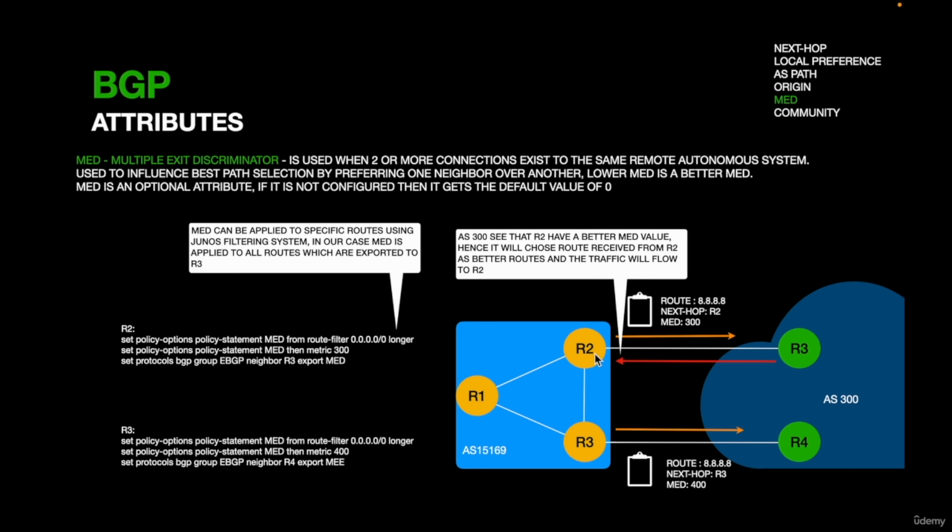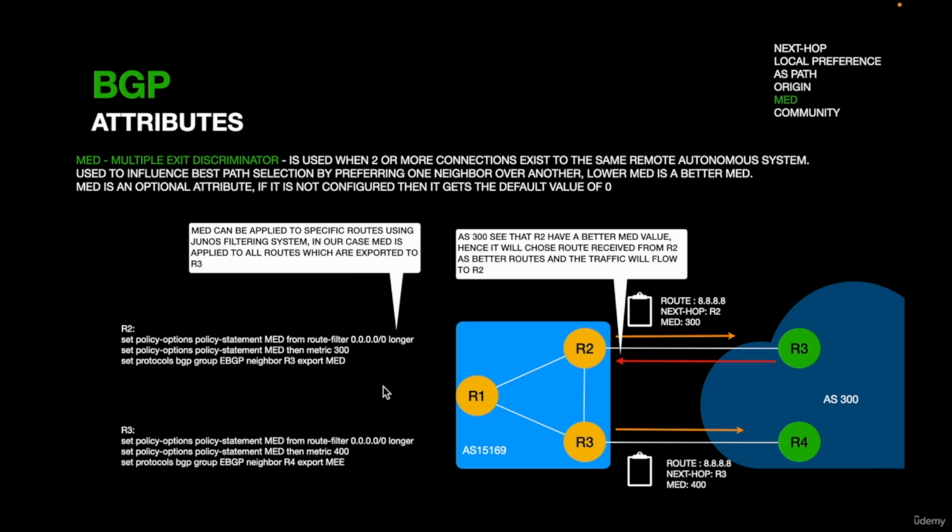So let's say that router R2 will send the Google DNS route with the MED value of 300, and router R3 is sending the same route with MED value of 400. As I mentioned, the lower MED is a better MED. So in AS300, the route received from R2 will be considered a better route, and the traffic will be sent to R2.